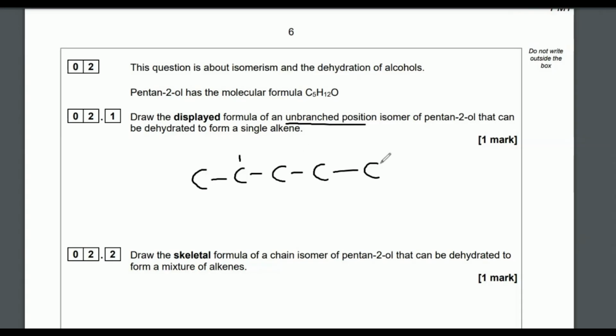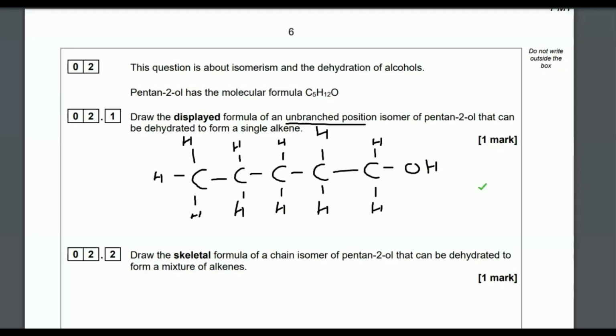In this case, it's going to be pentan-1-ol, because if we do pentan-1-ol, we can dehydrate this to form one type of alkene only. There's only one alkene that can be formed from this, and that is pent-1-ene. So you can't make pent-2-ene or pent-3-ene from this molecule. So this is the correct answer.